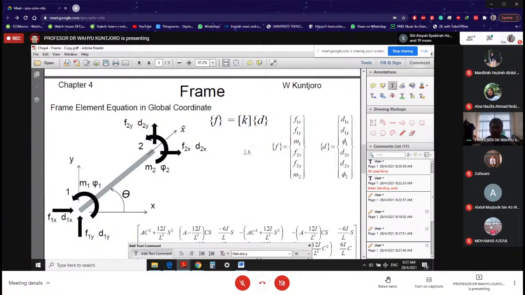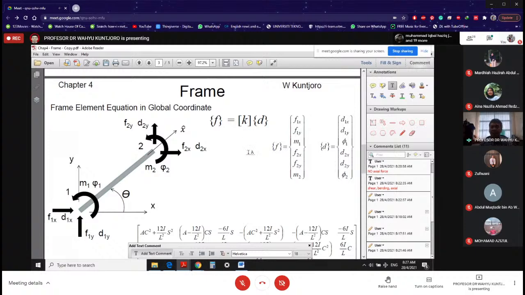That's why in your force matrix you have F1x, F1y, and M1, F2x, F2y, M2. And for the displacement, D1x, D1y, rotation 1, and also D2x, D2y, rotation 2. So F matrix and D matrix.